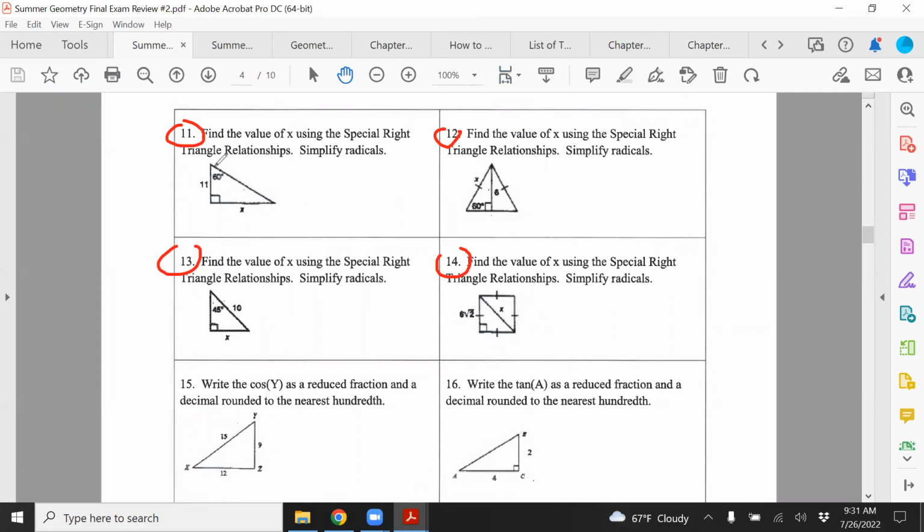Well, if it's 60 degrees, you could use trig if you want. Totally up to you. But I would do this. That's 60. That's 30. That's a right triangle. So that's S, 2S, S root 3.